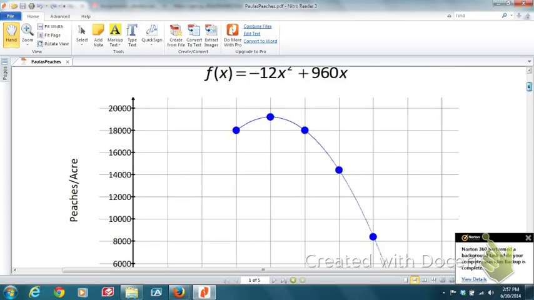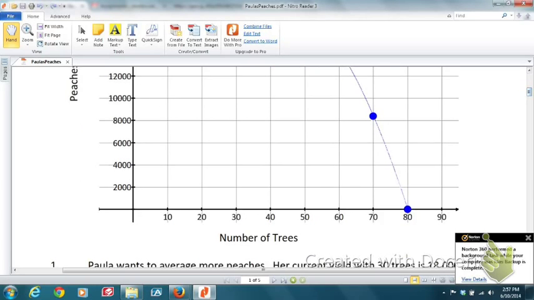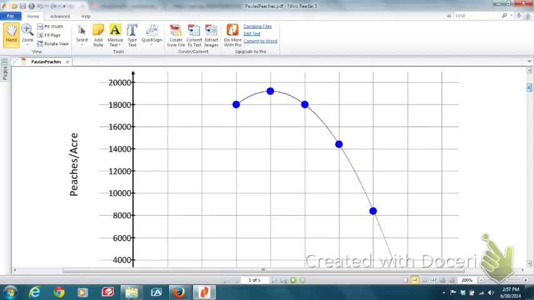Then you have a graph of that quadratic. On your x-axis, you have the number of trees. And then on your y-axis, you have the number of peaches those trees will produce.